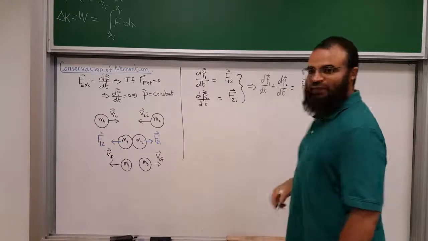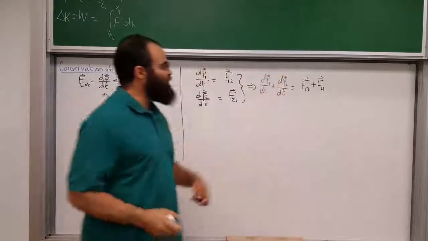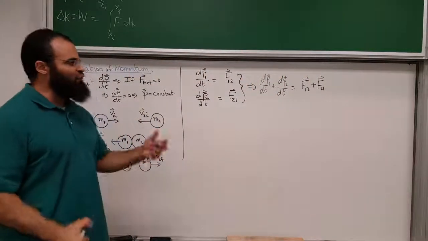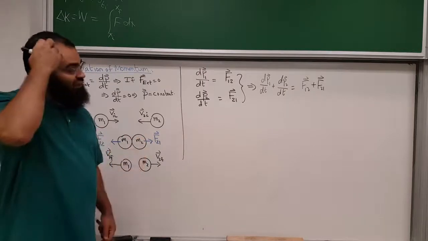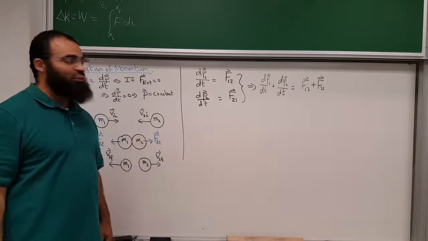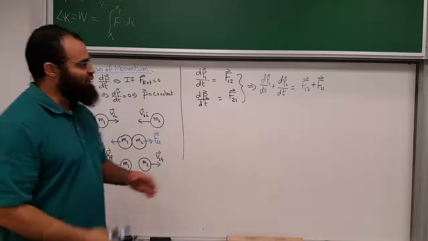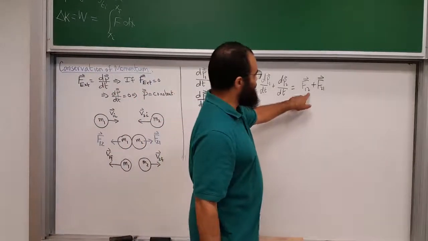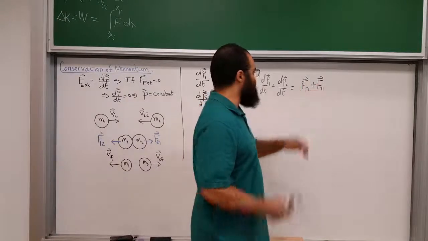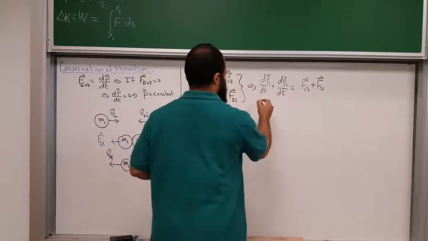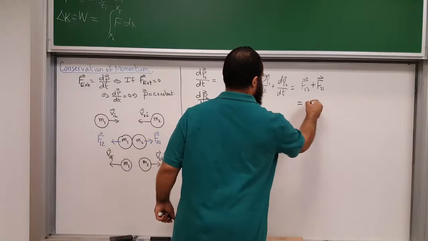What do we know about F12 plus F21? The force on 1 due to 2 plus the force on 2 due to 1. They are equal and opposite by Newton's third law. We're always guaranteed that F12 is equal to negative F21. So when we add these two, we will get 0. So the right-hand side is 0.